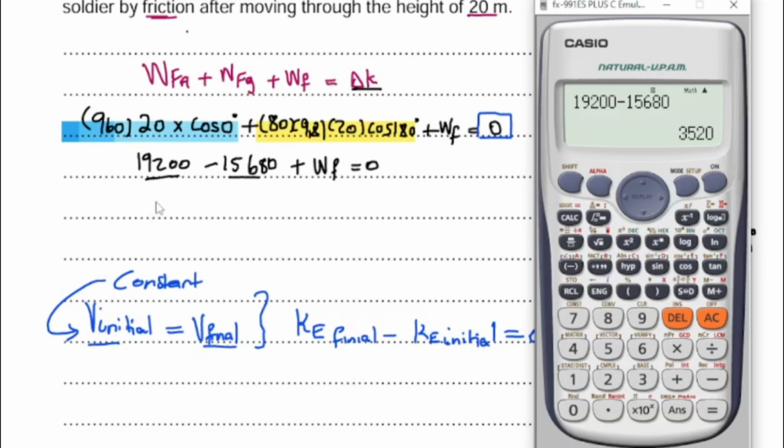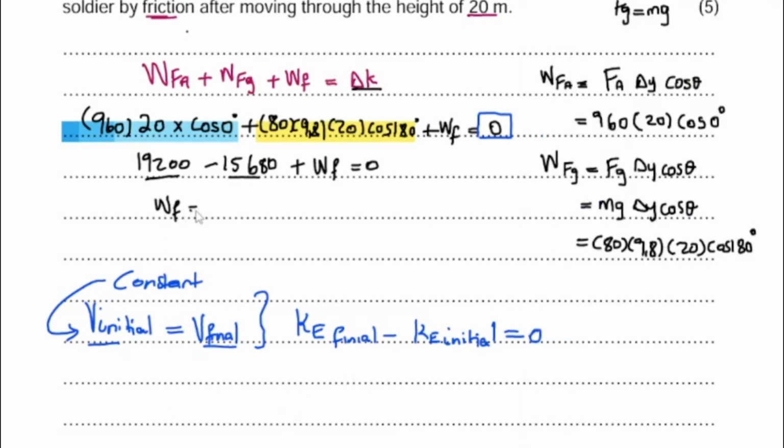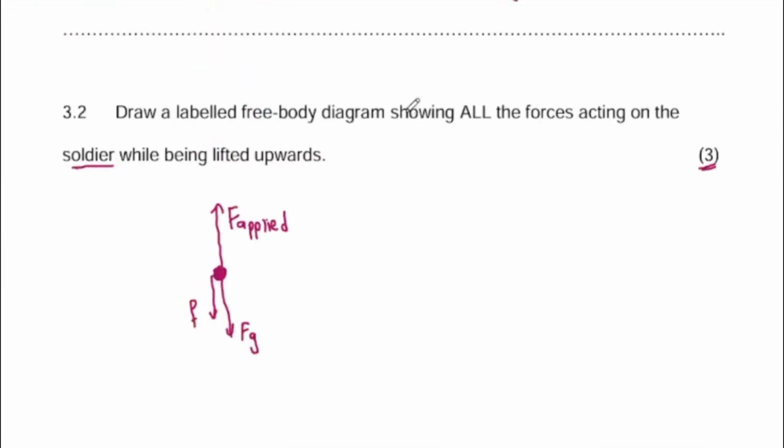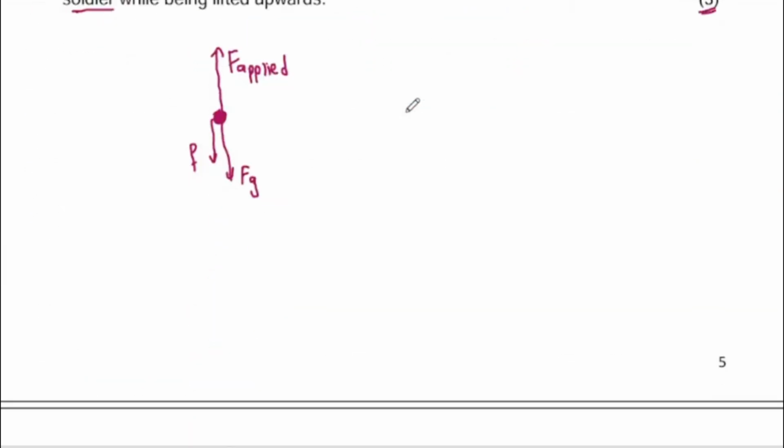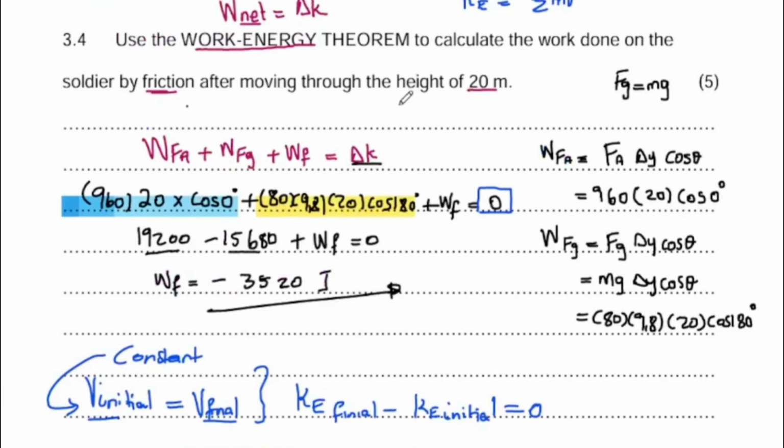So the work done by friction is equal to negative 3,520 joules. Remember, friction does negative work. Why? Because it moves in the opposite direction, so it's going to do negative work.